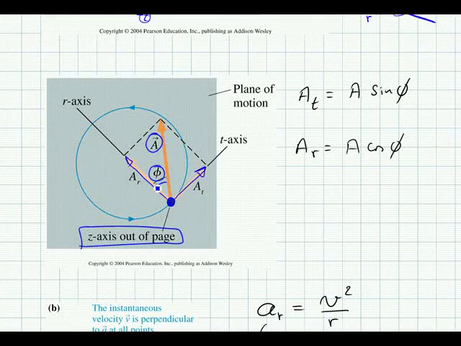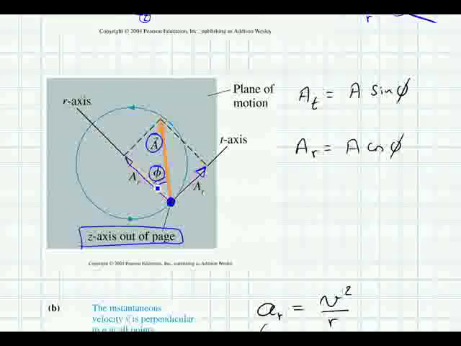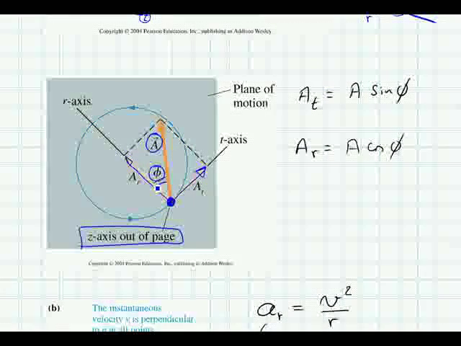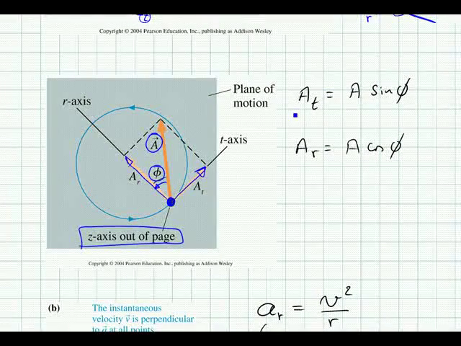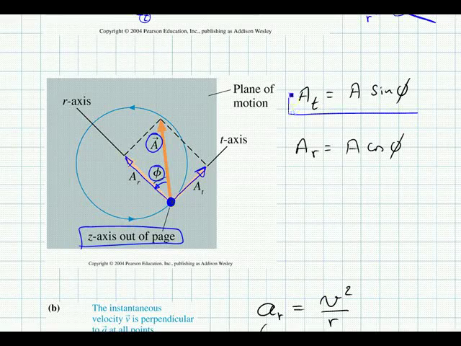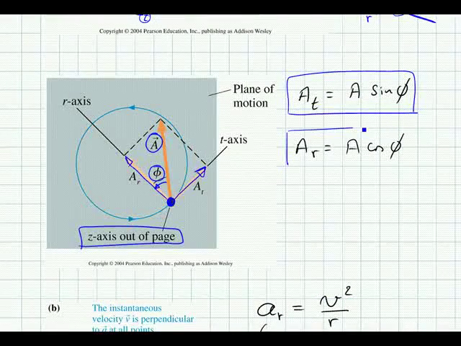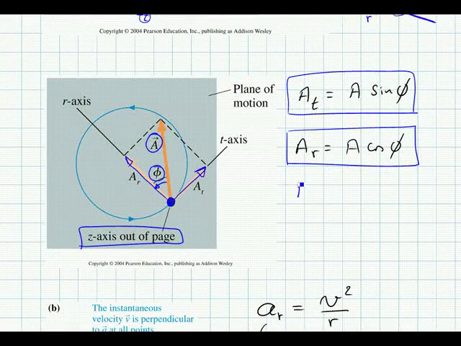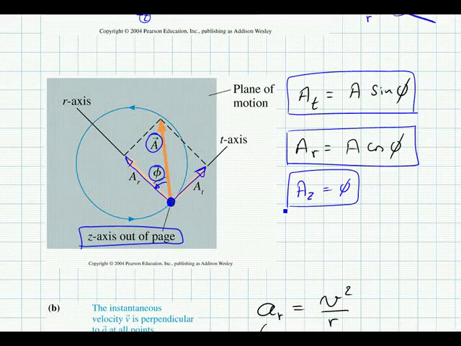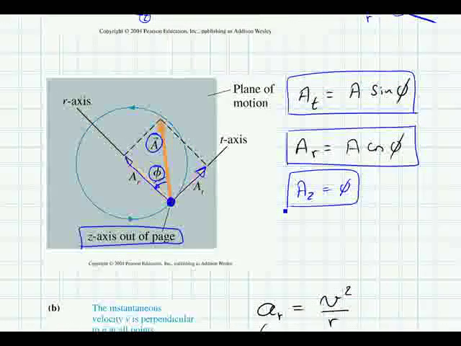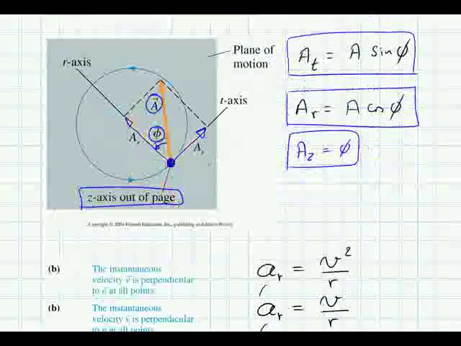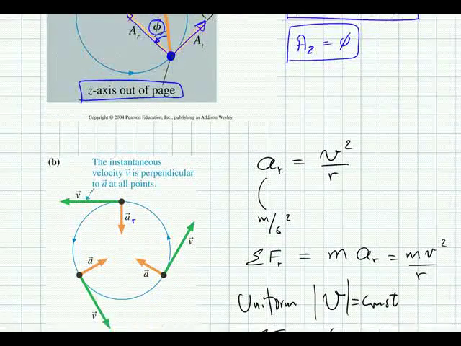So using phi, you can decompose A into the AT and AR components as given, and as I said, AZ in this case is simply 0. So that's how you would decompose any vector in the RTZ coordinate system.